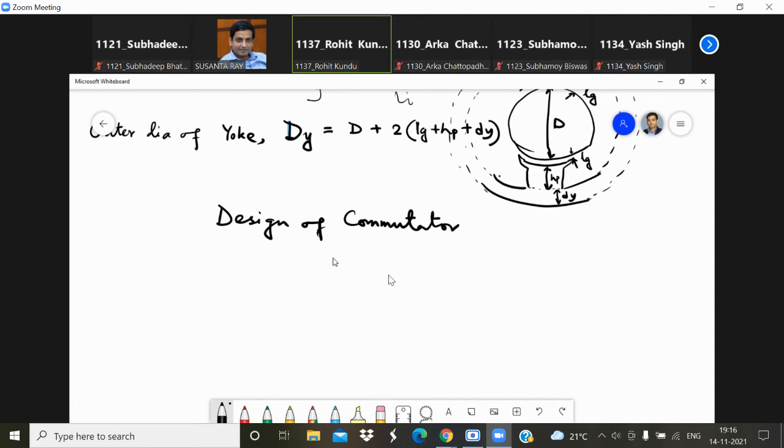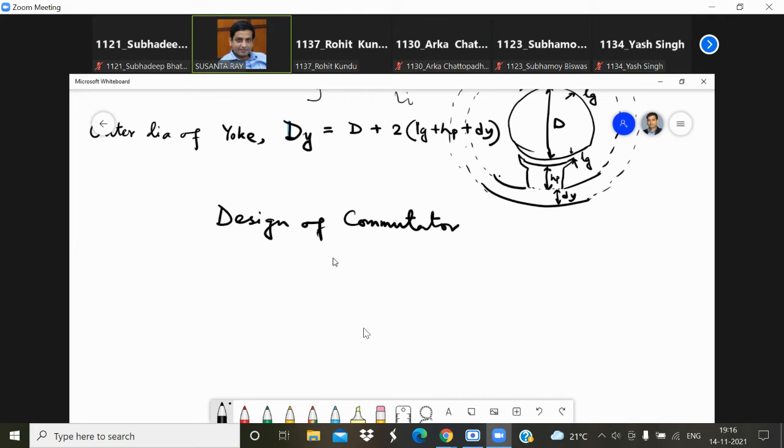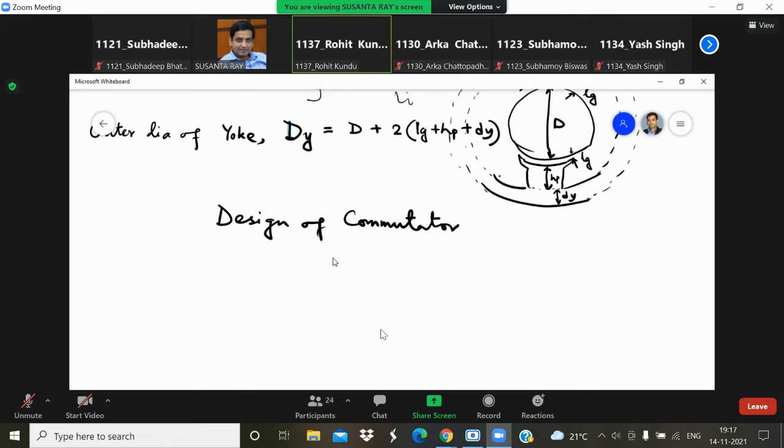Sir, for 200 kilowatt machine, I've got outer diameter as 114 millimeter, and the main diameter was 51 millimeter. What are you saying? How many kilowatts? 200 kilowatt, the main dimension is 51 millimeters, sir.